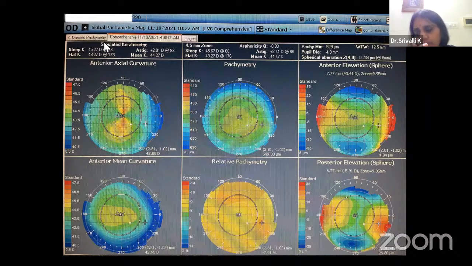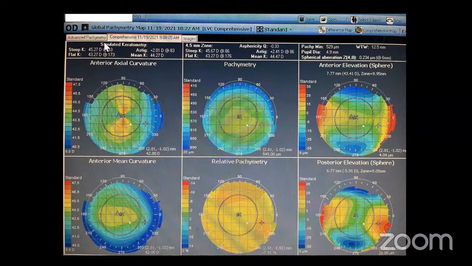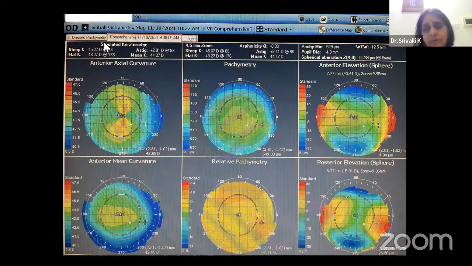So if one is 44 and the other one is 47, then we are saying it is an asymmetric bow tie, isn't it? Yes, ma'am. The same way in the pachymetry map, if you have corresponding points above and below that center point, there is 30 microns in difference. Basically, if the center is thin and it is thickening as you go superior and inferior, it should be the same amount. If there is any disparity of 30 microns above and below, then that's again a suspicious cornea, basically a report.